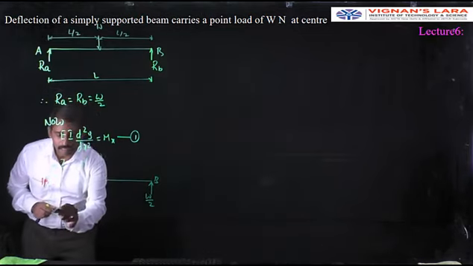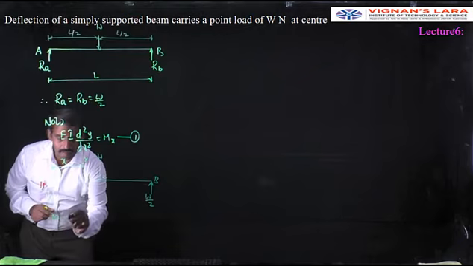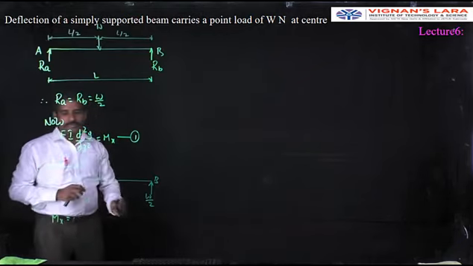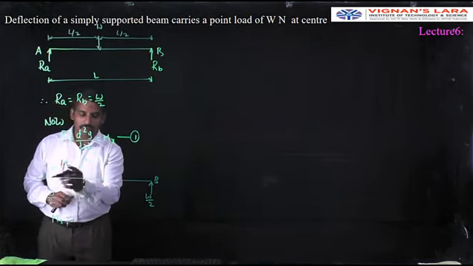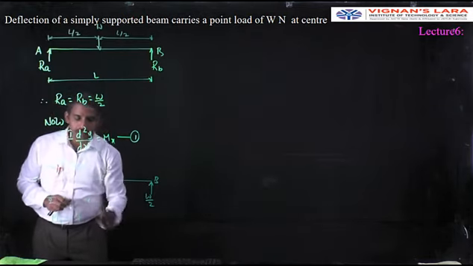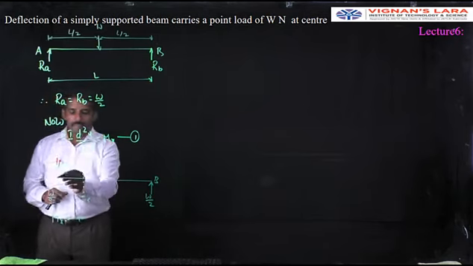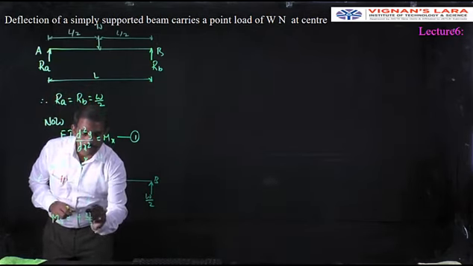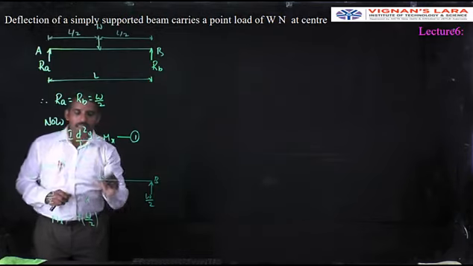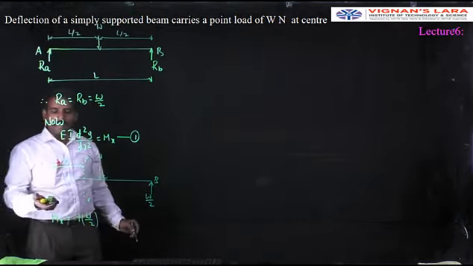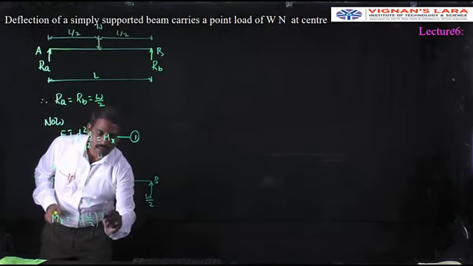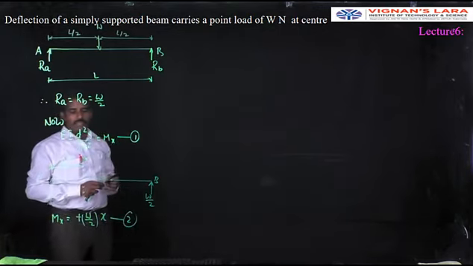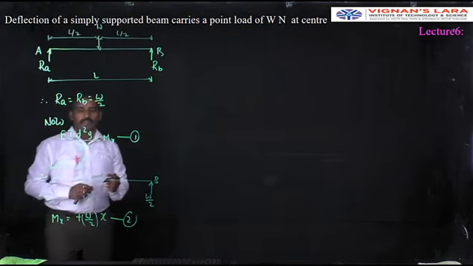Now, the bending moment equation Mx: I think that it produces the sagging moment, so taken as positive. What about the bending moment? The force is W by 2. The perpendicular distance from the section XX to the line of action of the W by 2 is x. So Mx is equal to W by 2 into x, this is equation number 2. Now substitute equation number 2 in equation number 1.